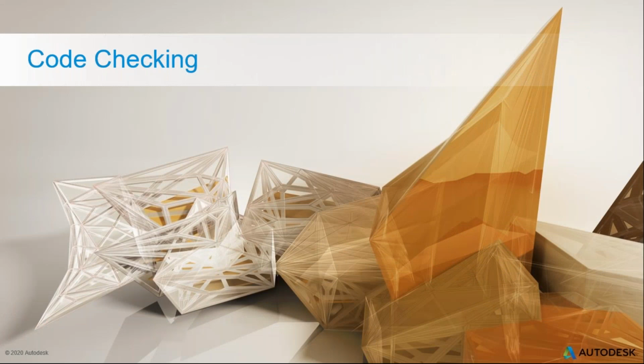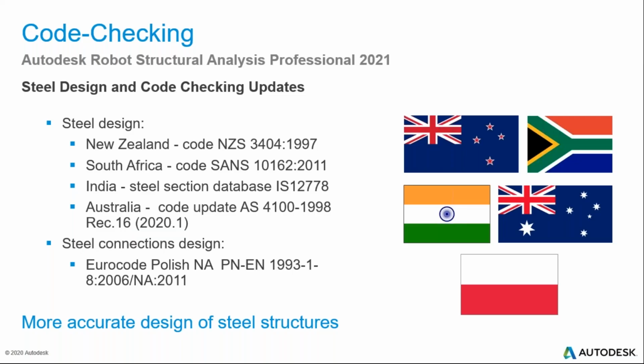Finally, as part of our focus on localization and countrification, we've improved the code checking capabilities to meet the regional requirements of Robot. So you'll see a lot of enhancements have been made from a steel design and connection design perspective.